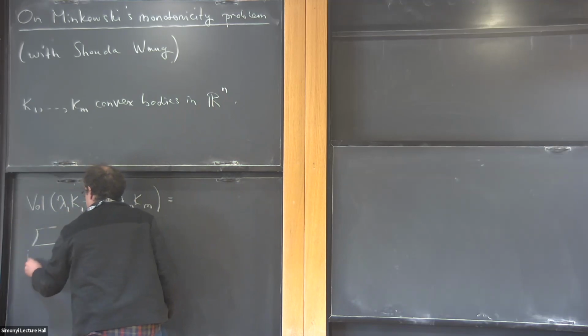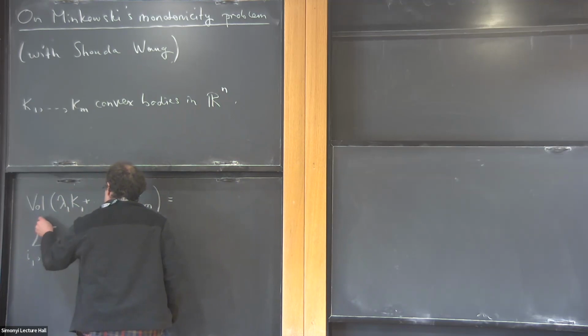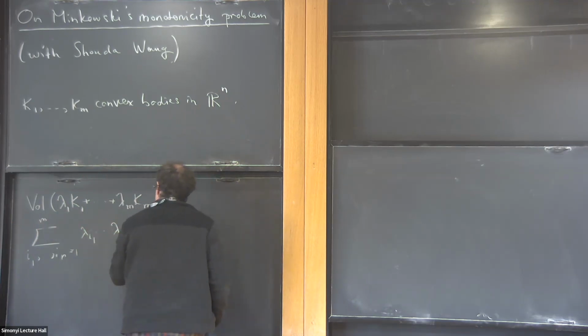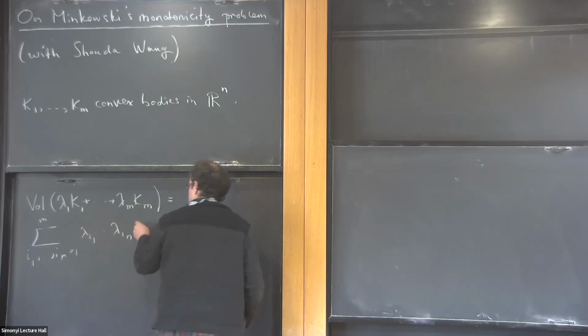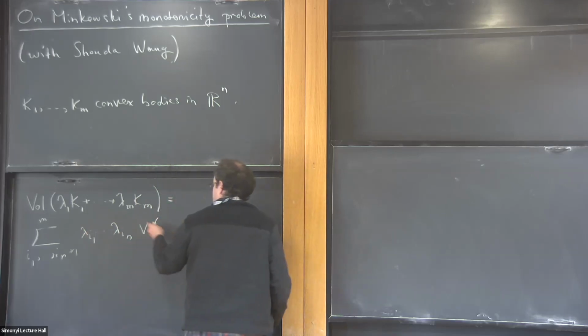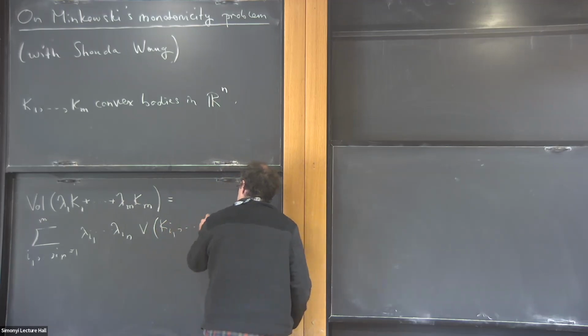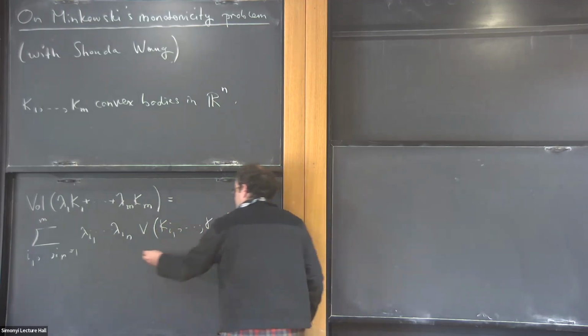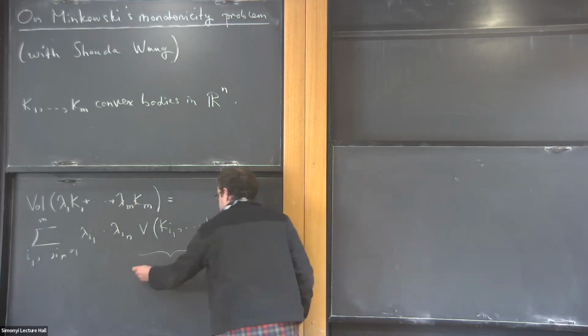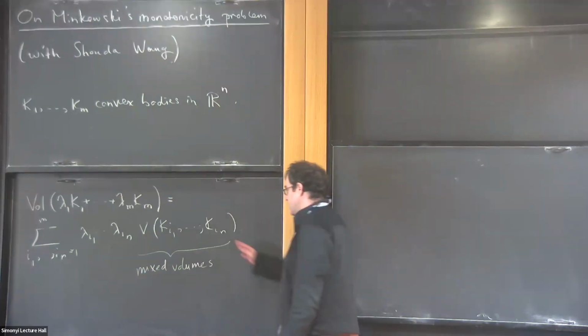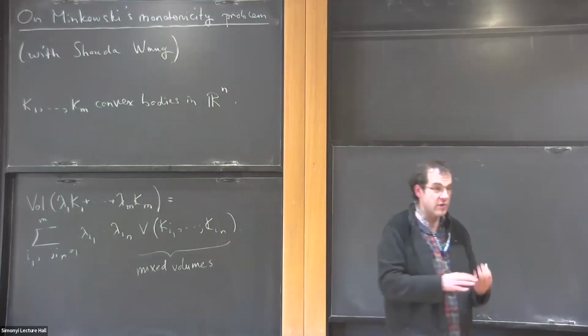So it's a sum over i1 to in from 1 to m of lambda i1 times lambda i2 through lambda in. These are the monomials. And then there are these coefficients which depend on the bodies. These coefficients are called mixed volumes, and they are basic geometric functionals associated to convex bodies.